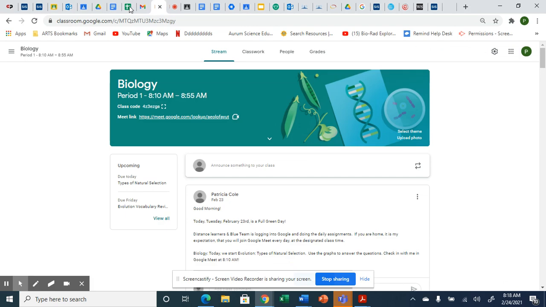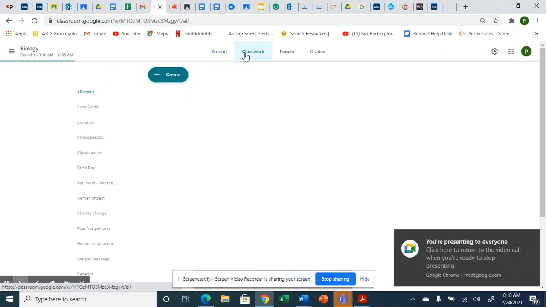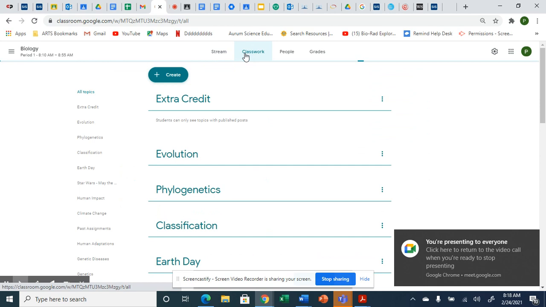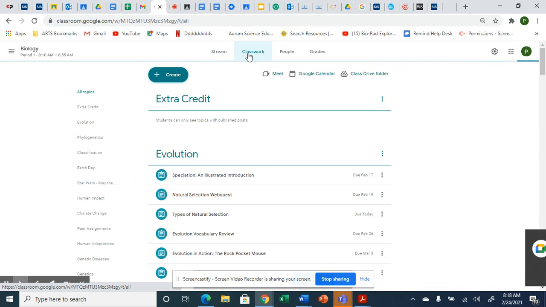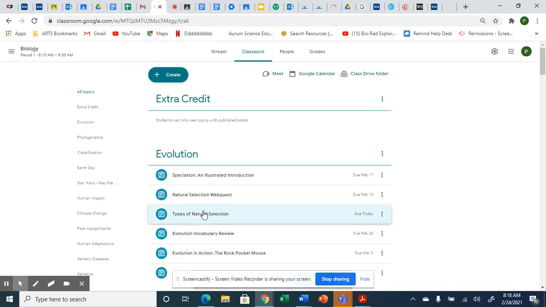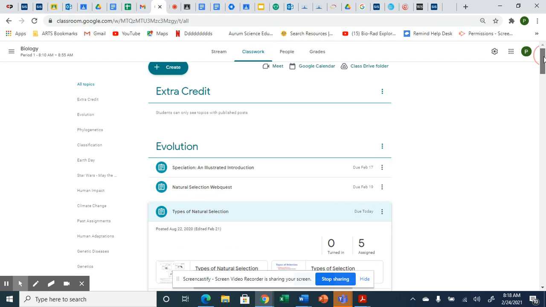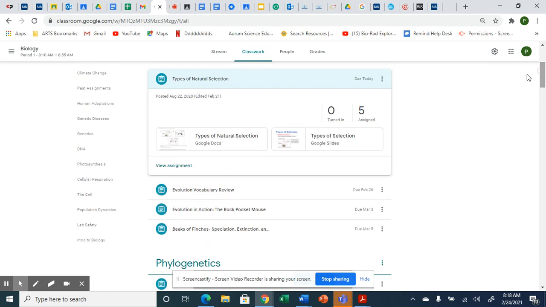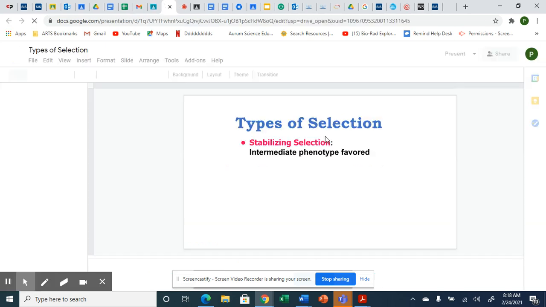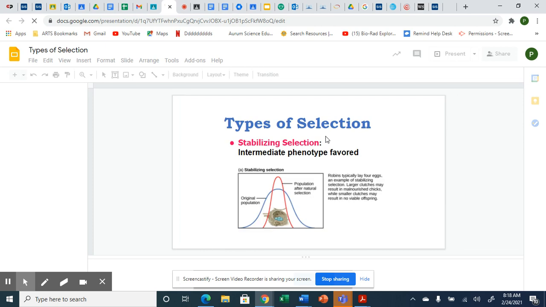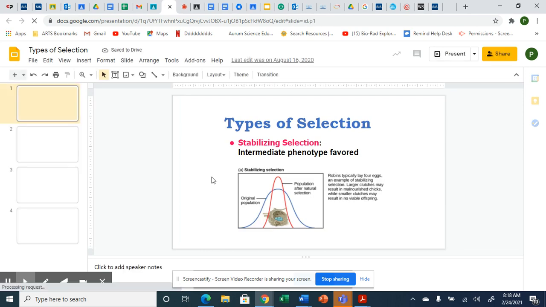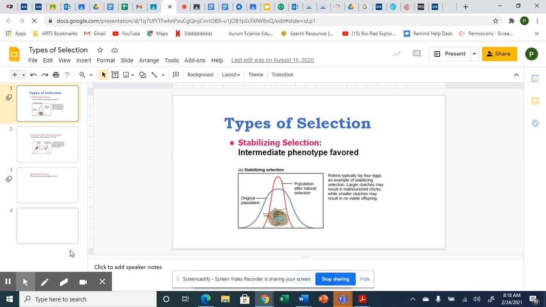So, biology. This is the assignment we need to do today. We have procrastinated enough and not done it. Types of natural selection, and these are some slides to tell us the different types.